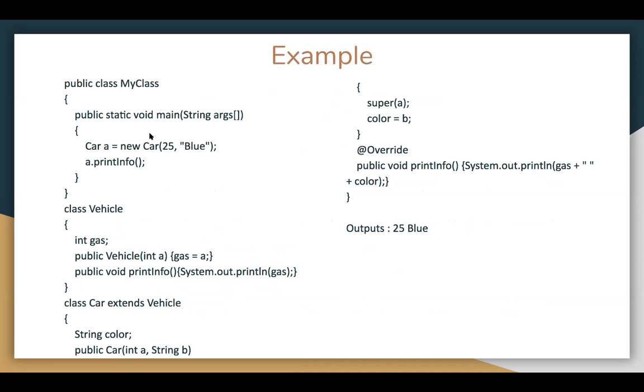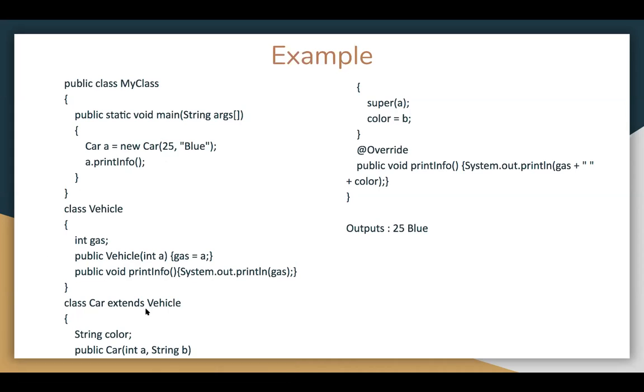I have an example of it here. Okay, and you can see here that first I have a class Vehicle and a class Car extends Vehicle. So this is the subclass and this is the superclass. Over here, I have a Car a equals new Car(25, "blue"), which is stated here.